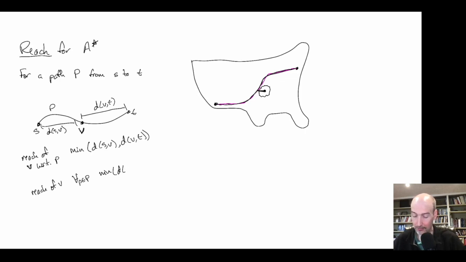So this is going to be P is some path. So we want really P, the S on that path, to my vertex, and the distance from my vertex to the T node at the end of that path. Okay. So I wrote my distance twice here.